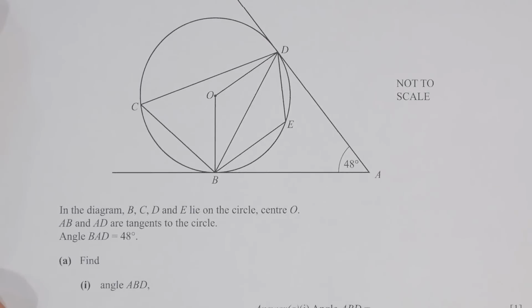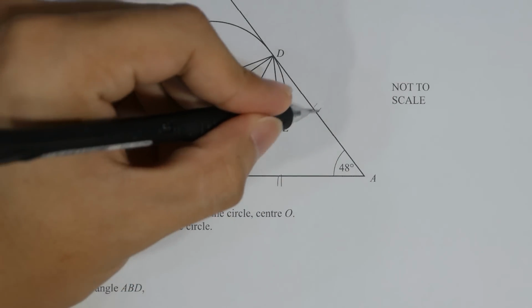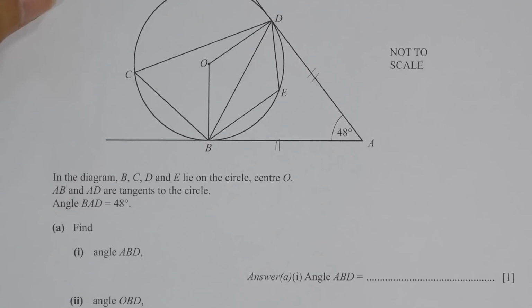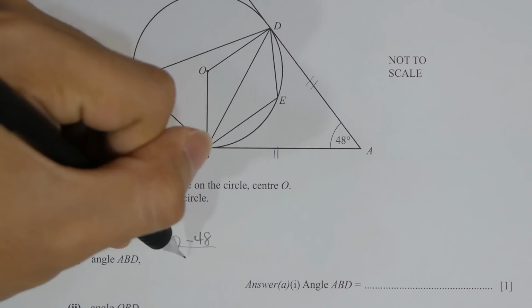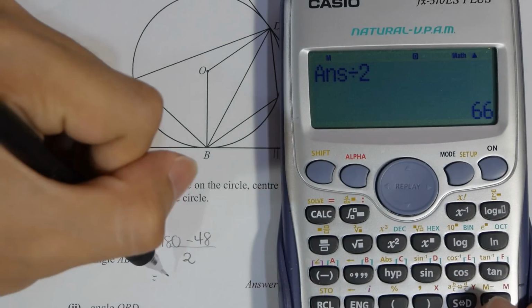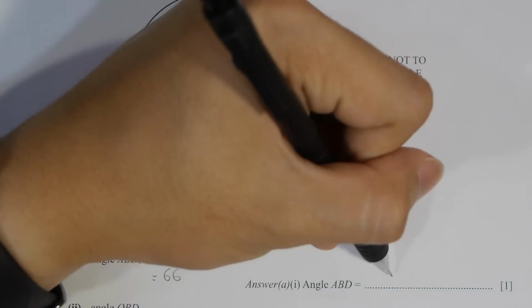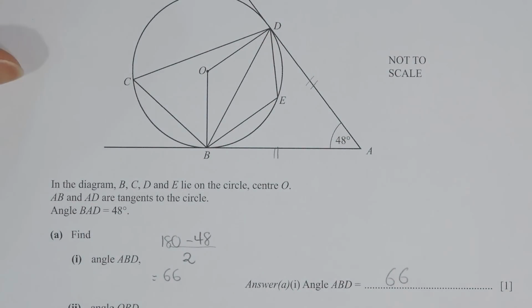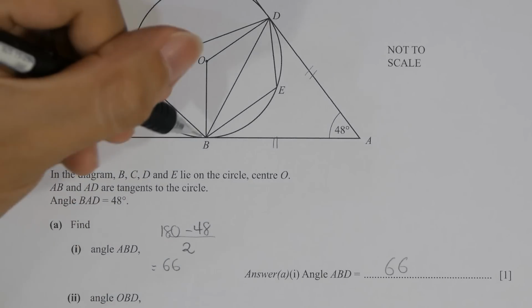Question 2. Find angle ABD. The first thing I identify is that ABD is an isosceles triangle, hence the values of DBA and BDA are the same. So 180 minus 48 divided by 2, then you will get angle ABD as 66.